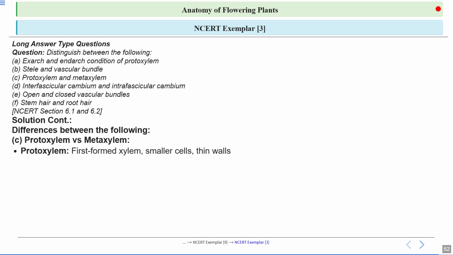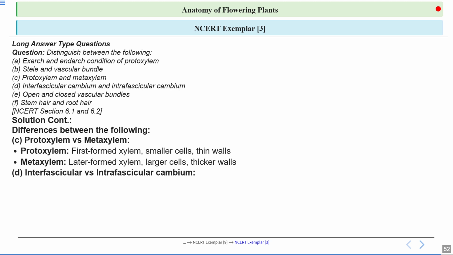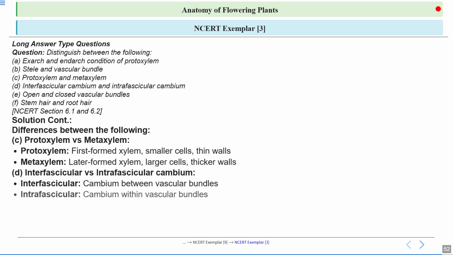Protoxylem forms xylem first. This we have already discussed. Smaller cells and thin walls. Whereas metaxylem forms xylem later, larger cells and thicker walls. Interfascicular, intrafascicular. This we have already discussed. Interfascicular cambium is between the vascular bundles, and intrafascicular cambium is within the vascular bundle.